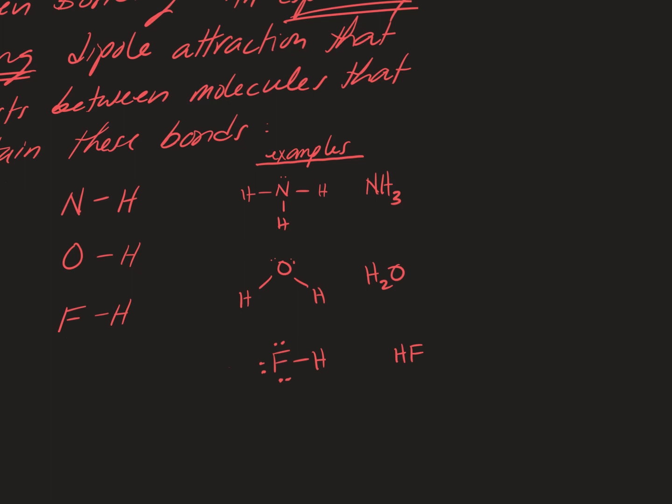Okay, here's ammonia, and there's the Lewis dot structure for ammonia. You can see that there are nitrogen-hydrogen bonds. Here's water. Okay, there is your hydrogen-oxygen bond. Here is hydrogen fluoride. Here is the fluorine-hydrogen bond. Okay.